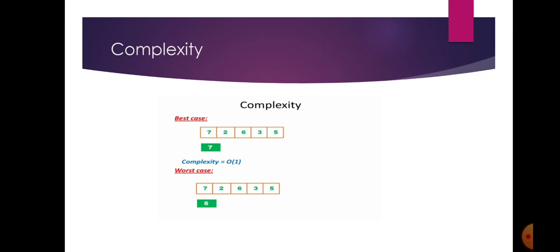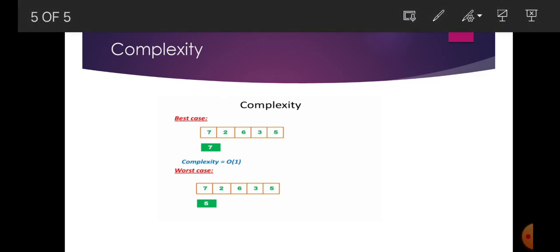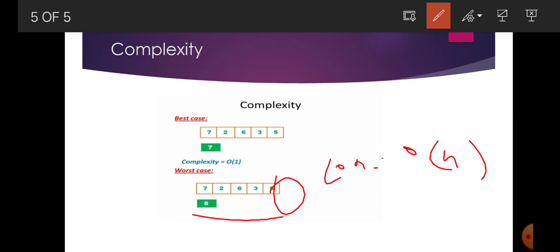In the worst case, if the searching element is 5, it is present at the end of the array, so we traverse the entire array, searching one by one until we get the key element. Here the complexity is O of n, since we are searching n elements. In the average case also the complexity is O of n. So this is about linear search complexities.